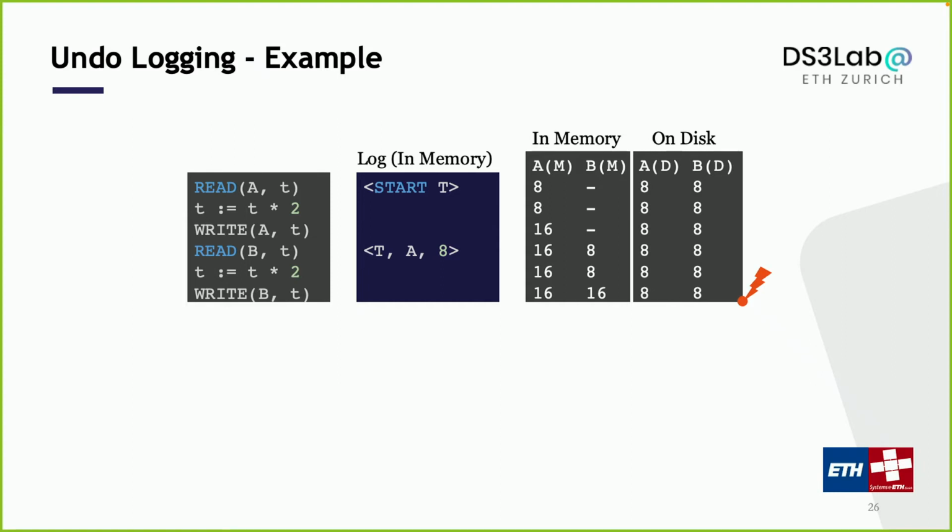If you do not see all of those old values in the log record, my transaction has changed nothing on my hard drive. That is the consequence of that constraint. Because of that, if you reopen a machine and do not see any information from T, you know that whatever transaction was in the system before the crash, they haven't made any changes to my hard drive yet. So to undo them, I can just ignore them, okay?